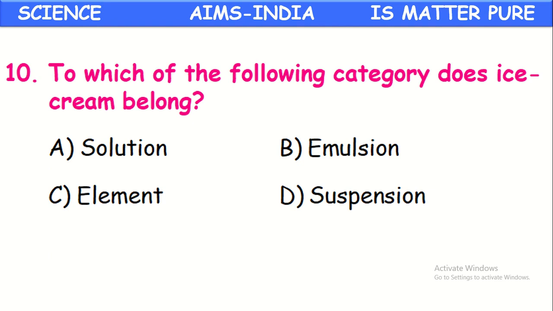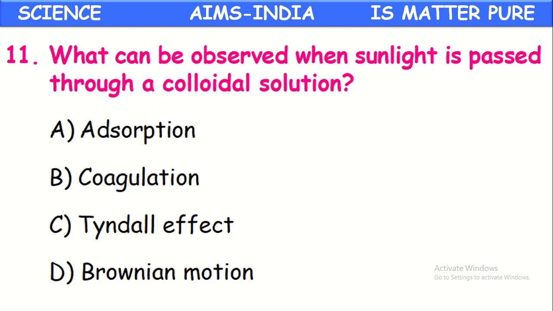Next, to which of the following categories does ice cream belong? Ice cream will come under an emulsion. Ice cream is an emulsion. Next, what can be observed when sunlight is passed through a colloidal solution?